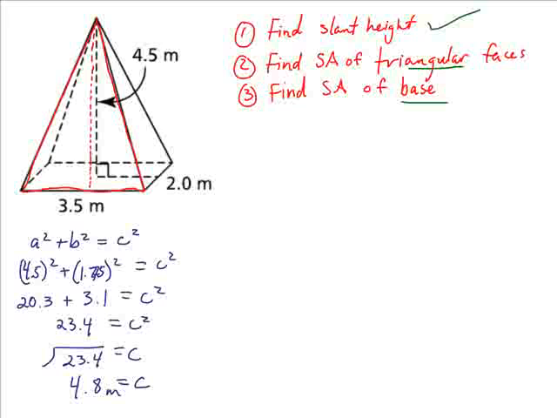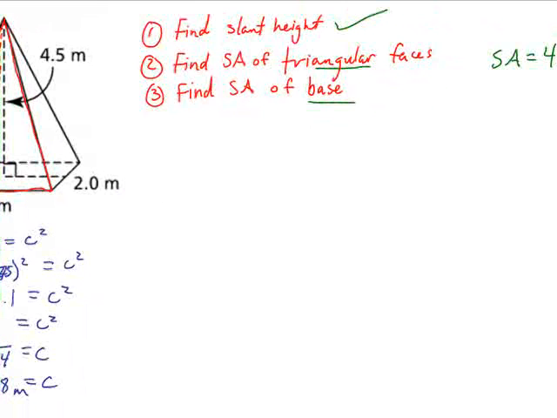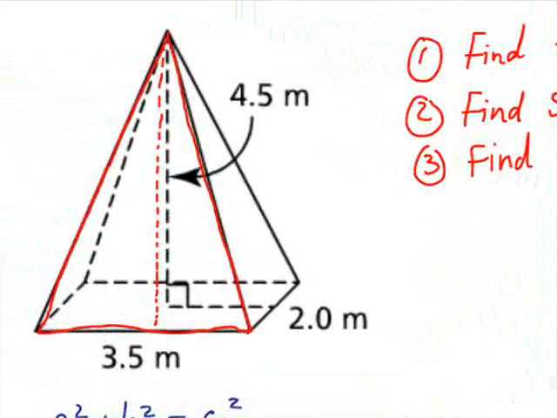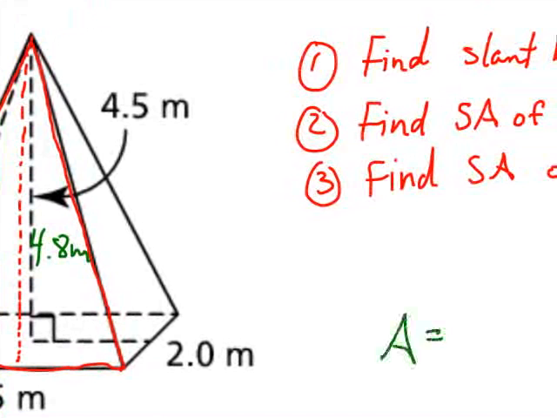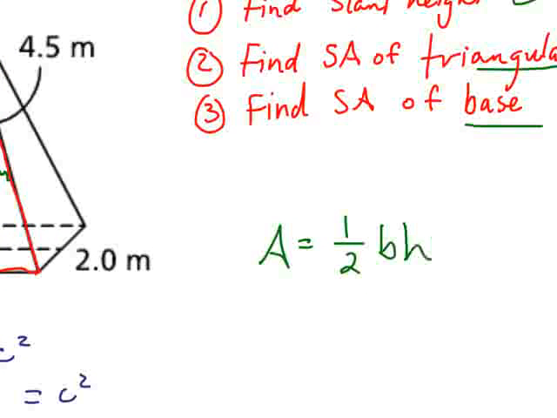The first triangular face we're going to calculate is the one right here that is highlighted in red. So we have a base of 3.5 meters and a height of 4.8, that new slant height that we just calculated. When we are calculating the surface area of a triangular face, we use the formula for a triangle, which is 1/2 BH.